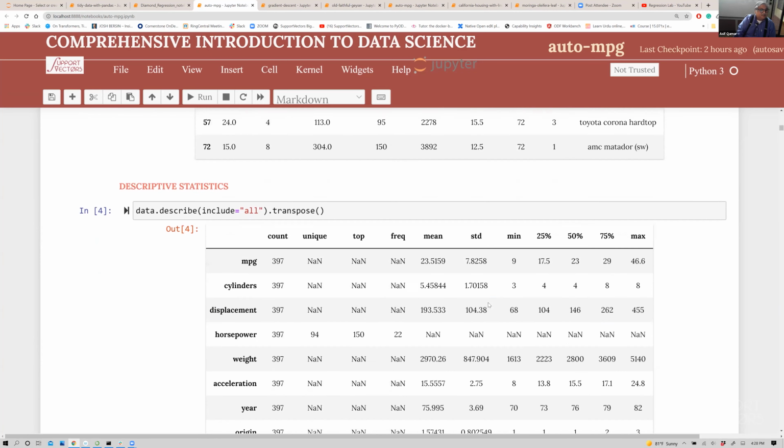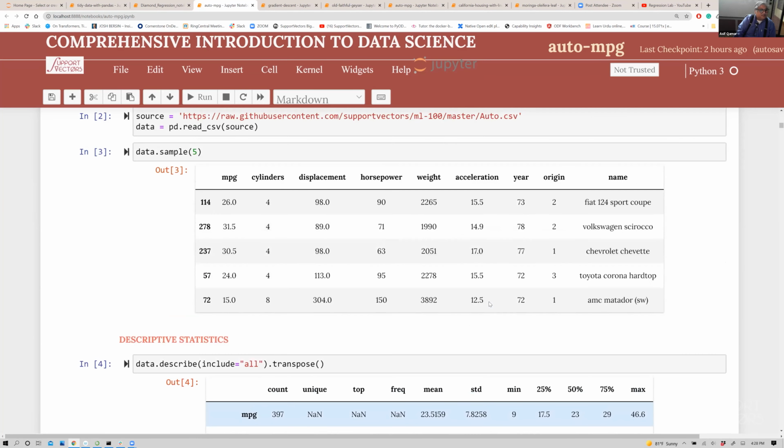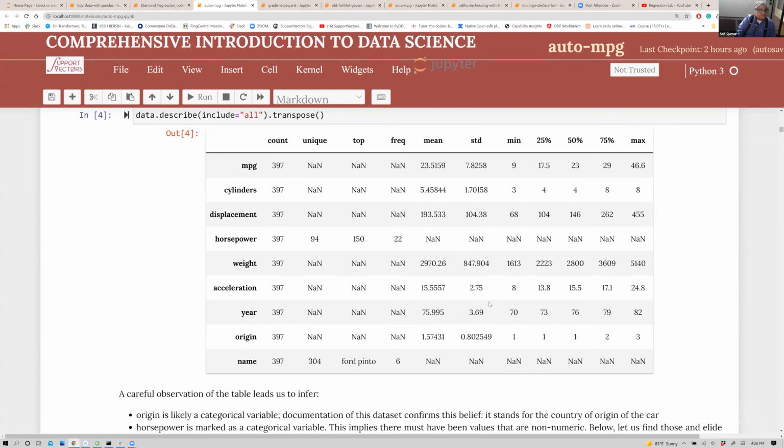And this is a display. See the same sample. There's some statistics here. Miles per gallon, the mean is 23 and the standard deviation is about 8. And the maximum mileage you used to get is 46.6. Now, one more thing here, displacement, everything, year. The minimum year is 1970 and the maximum year is 1982.